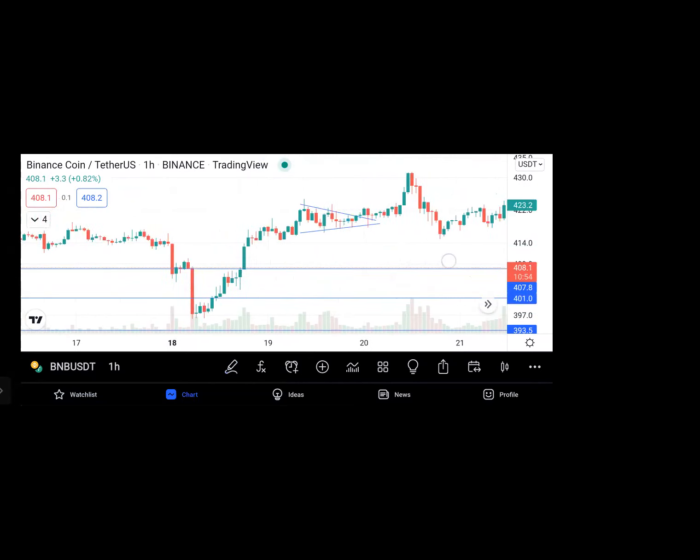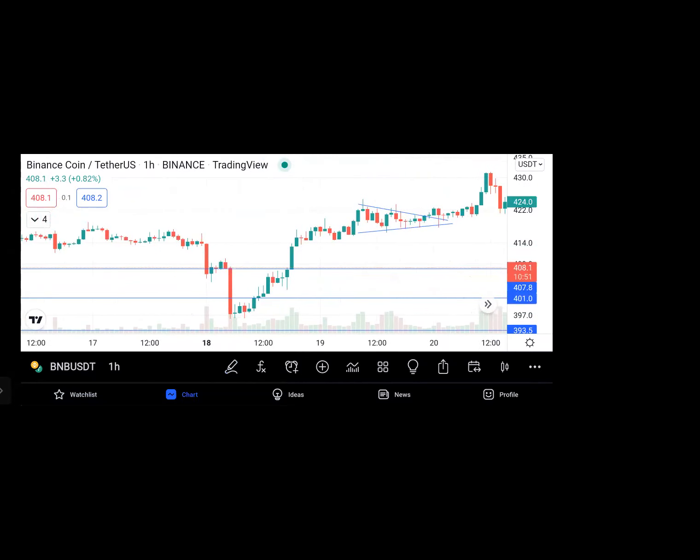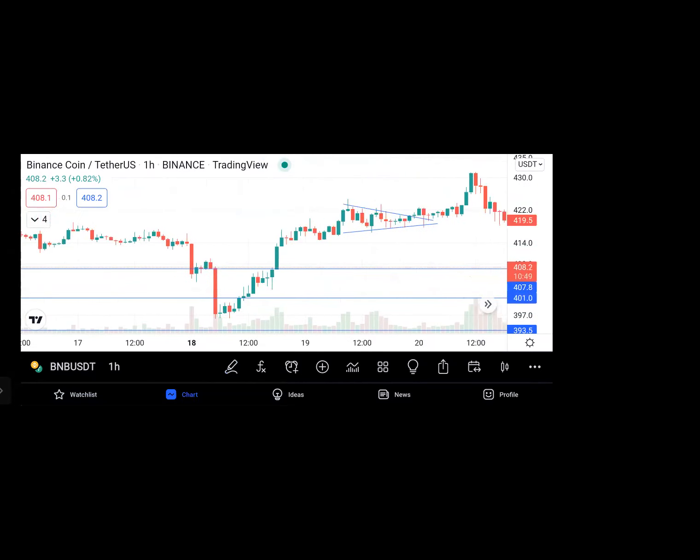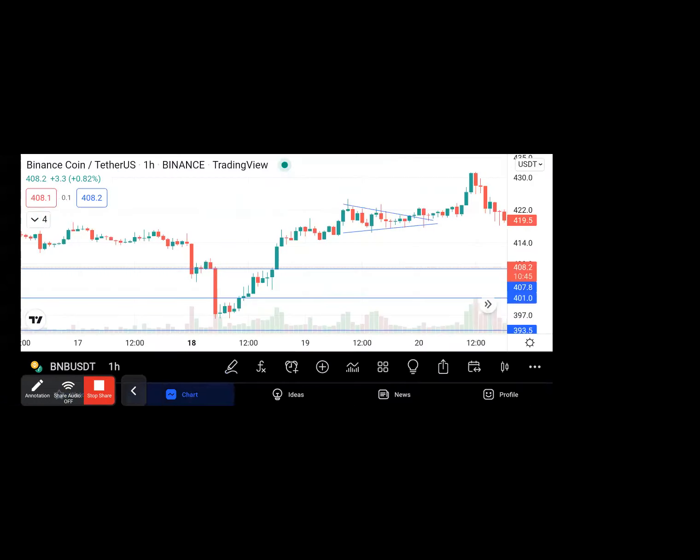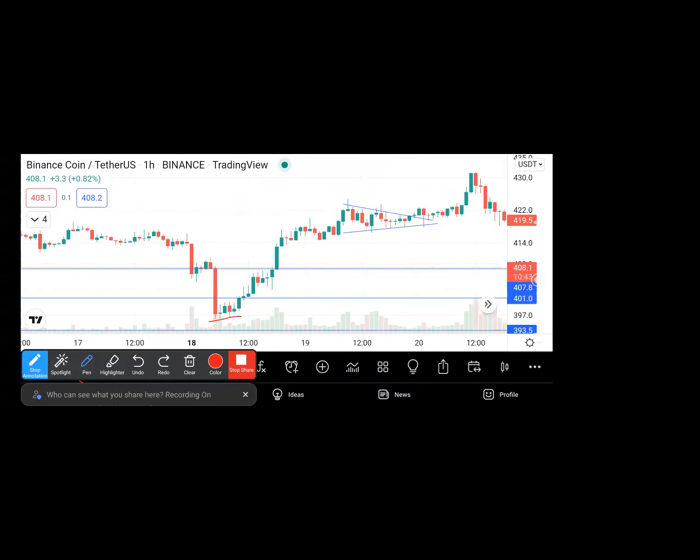Now, like I say, if you want to calculate the TP the way they say you should, you have to start from here. But like I always say, take the profit you can and leave the market. So this is where the pennant pattern formed. You can see the breakout, they retest and boom.